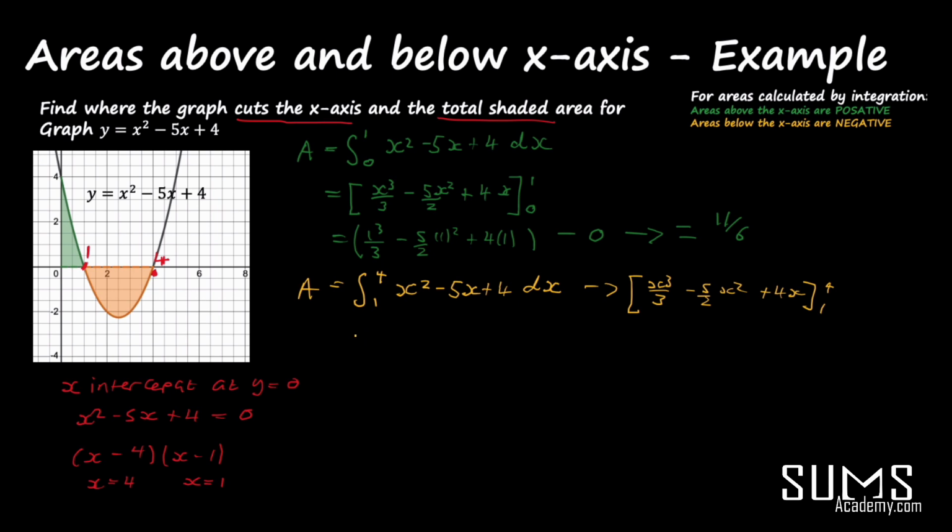So you can substitute these in. This then becomes 4 cubed over 3 minus 5 over 2 times 4 squared plus 4 times 4, all in brackets, minus.